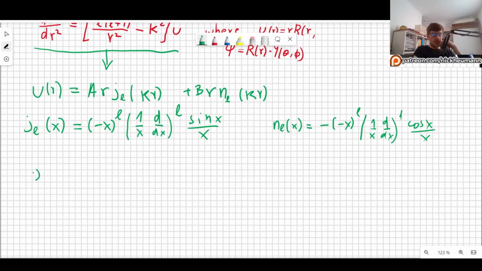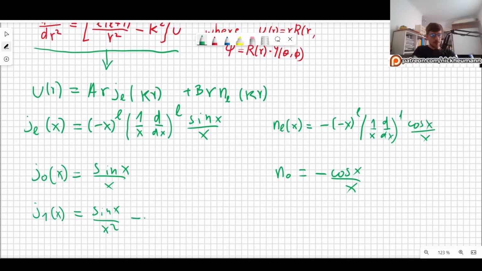If you plug in L equals 0, for example, j0 of x, you can find this to be quite easily just sine of x over x, right? All of that is to the power 0. And n0 similarly is simply minus cosine x over x. If you plug in L equals 1, so j1, here you would simply get sine of x over x squared minus cosine x over x.